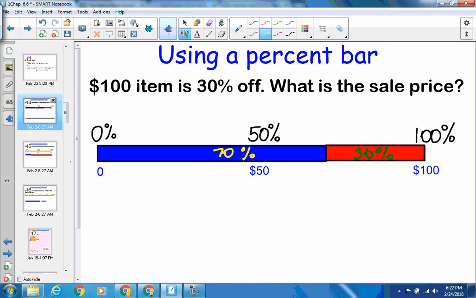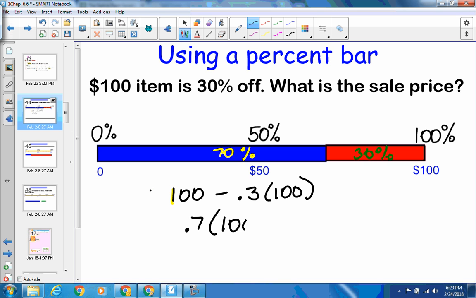So we could calculate the sale price in two different ways. We could take our original price, $100, and we could take away 30% of $100 to get to the sale price, or we could figure out the percent we pay, which is 0.7, 70%, and multiply $100 by that.